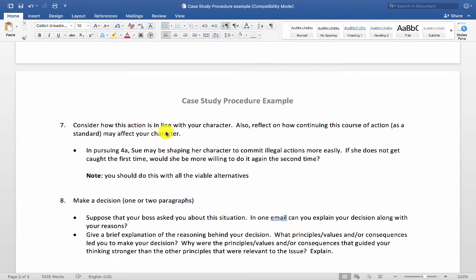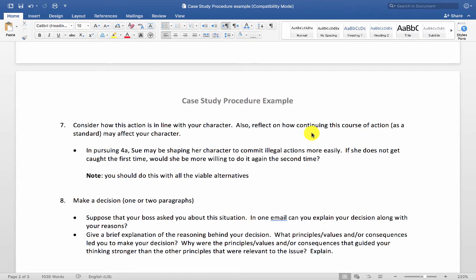Number 7. Consider how this action is in line with your character. So you're reflecting now. You've studied some virtue ethics, and you realize how important character is, how important habit is. And the thing is, criminals don't become criminals overnight, right? They take little steps in becoming a criminal. It might be internal steps, or it could be little actions.